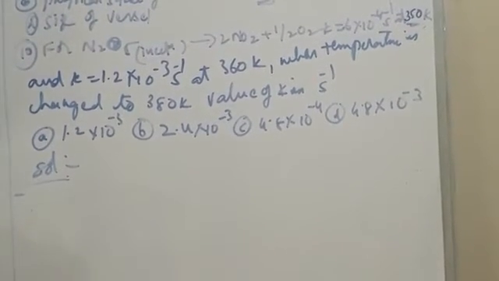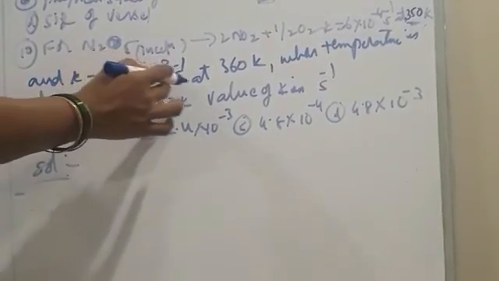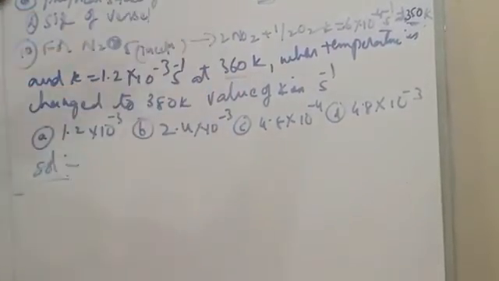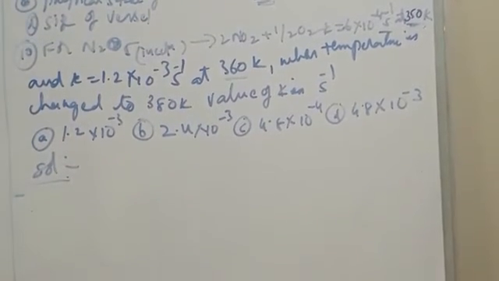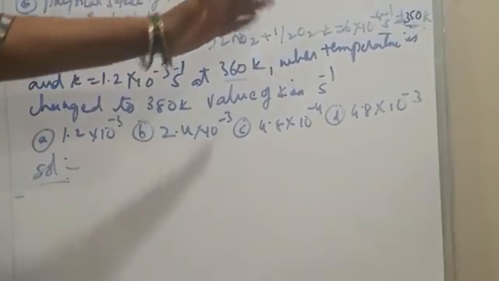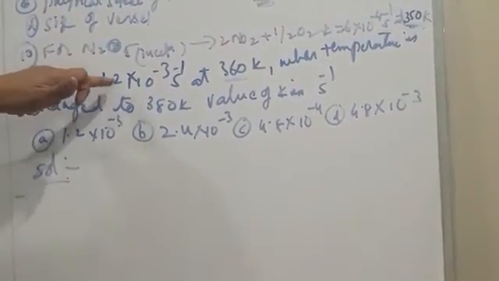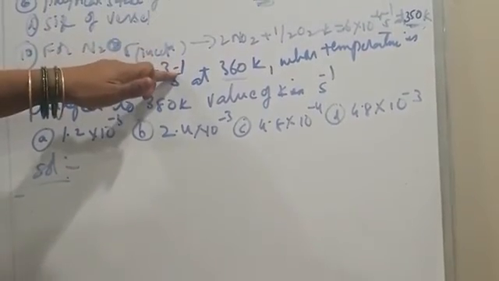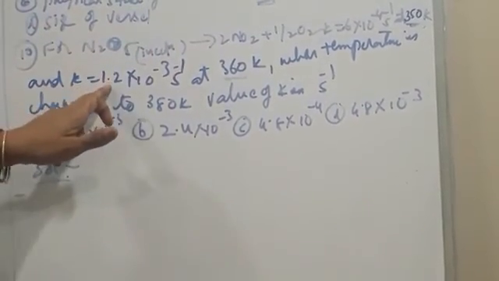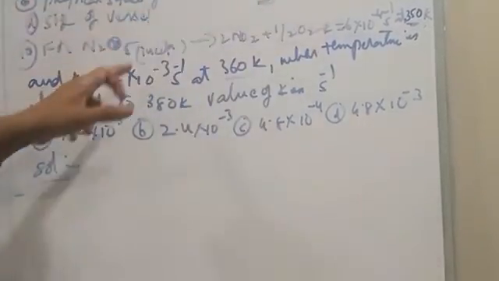And K is equal to 1.2 into 10 to the power of minus 3 second inverse at 360. For 10 degrees rise of temperature, it becomes double. It becomes 6 into 10 to the power of minus 4, here 1.2 into 10 to the power of minus 3, and we can write 12 into 10 to the power of minus 4. So it becomes double here.